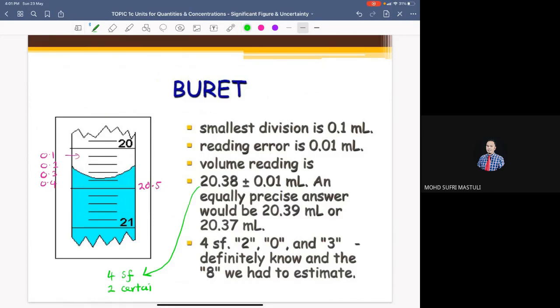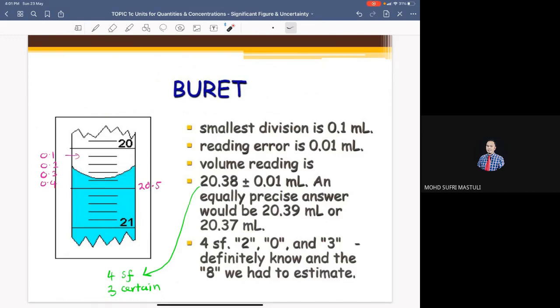The 2, 0, and 3 are certain, because we are confirmed: 20 and 0.3 are confirmed. So the uncertain digit is 8.